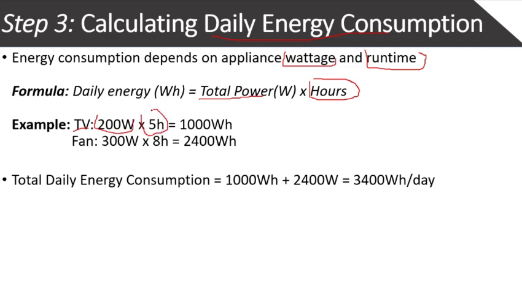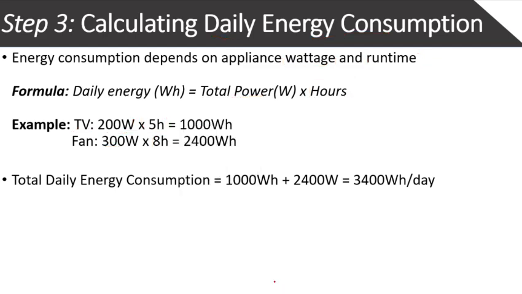So when you multiply 200 times 5, it will give us 1000 watt hours. For the fans, which is 300 watts, running for 8 hours, when you multiply 300 times 8 hours, it will give us 2400 watt hours.